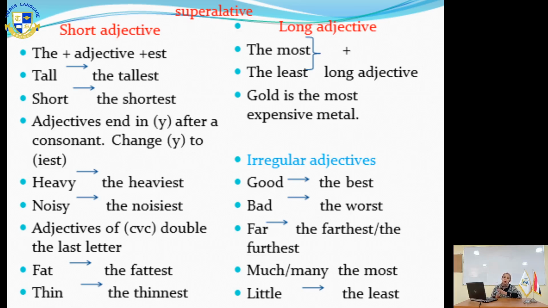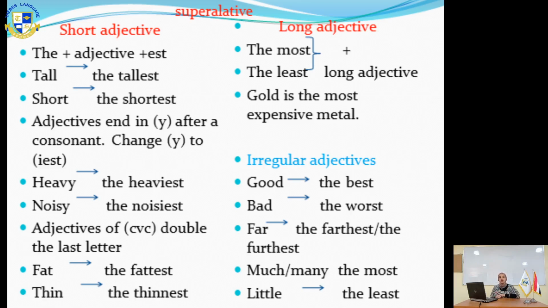So when we want to use the superlative adjective, we have to add est. You have to remember, when we compare between two things, we add just er. But when we are comparing more than two things, we have to use est. We add that to the adjective.